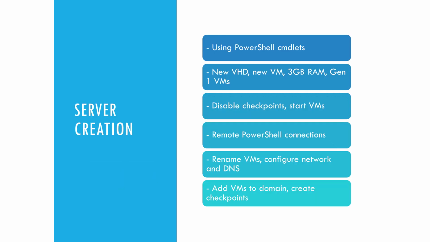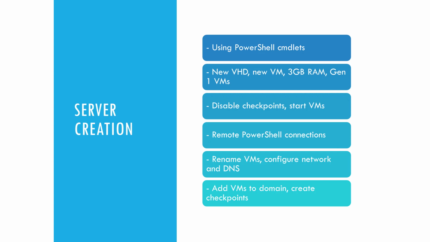To create these 3 servers, I'll be using the New-VHD cmdlet in Windows PowerShell Direct with the parent path, the path to the base Windows image, and the path to the VHD of the server storage. Then I'll be creating new virtual machines with the New-VM cmdlet with 3 gigs of RAM and generation 1 virtual machines.